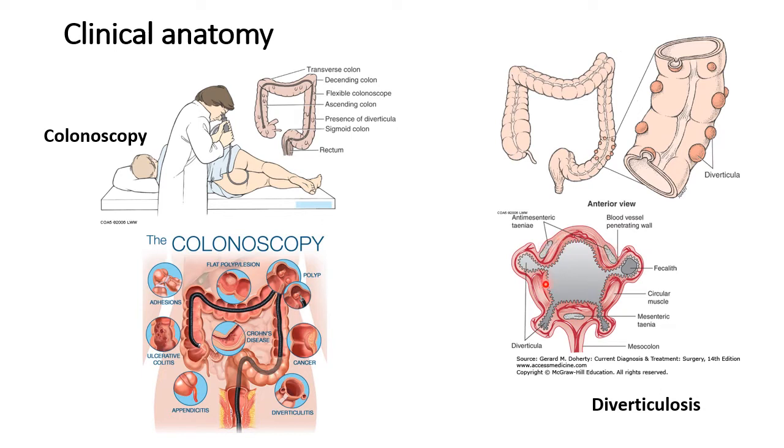So that's Taenia coli, and in this area you only find circular smooth muscle, and in some places this circular smooth muscle becomes weak, especially where the blood vessels enter into the wall, and this will lead to the bulging of the wall, and this bulging is called diverticula. So these diverticula, if not treated, can perforate and then can cause leakage of material into the abdominal and peritoneal cavity.